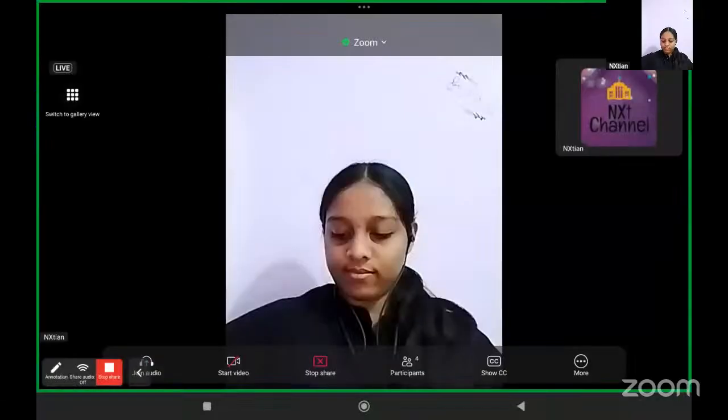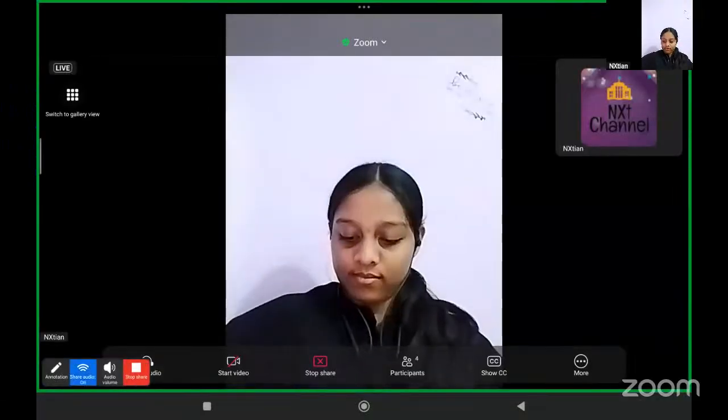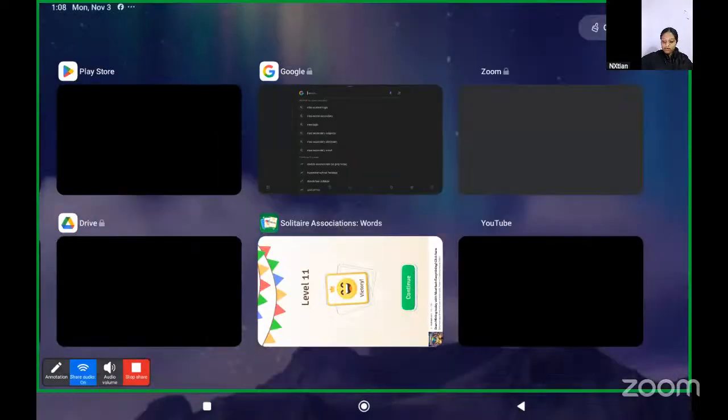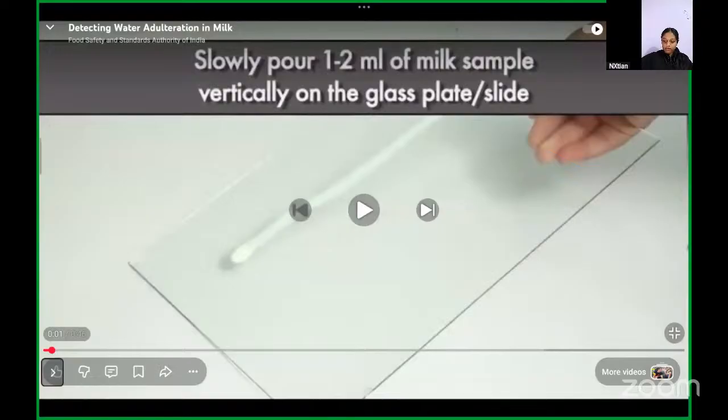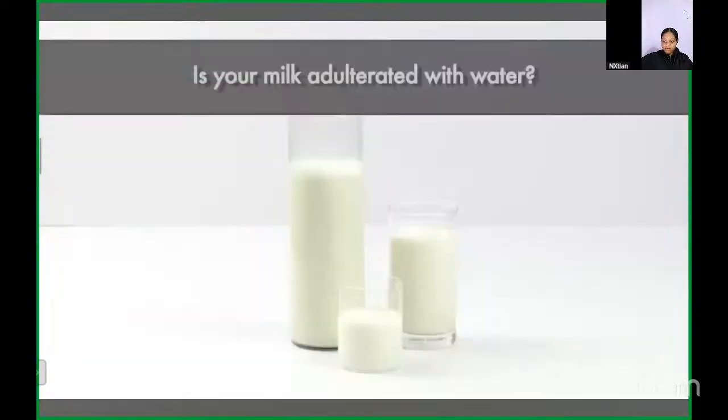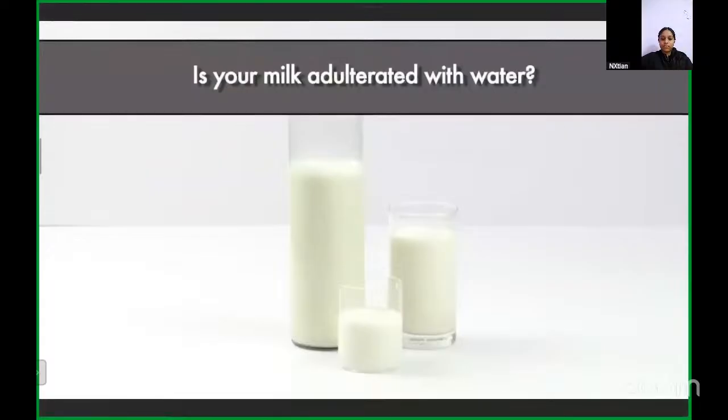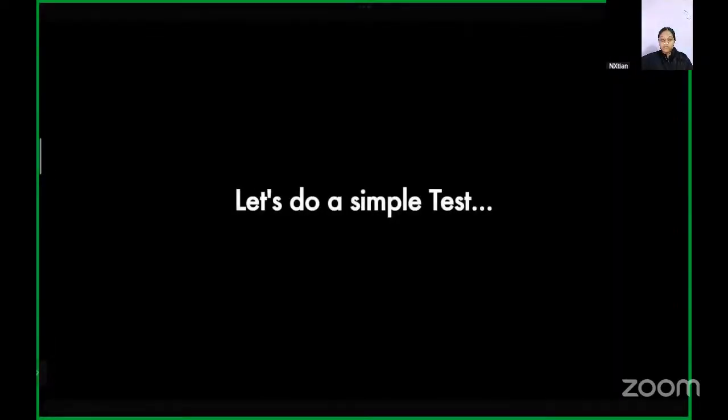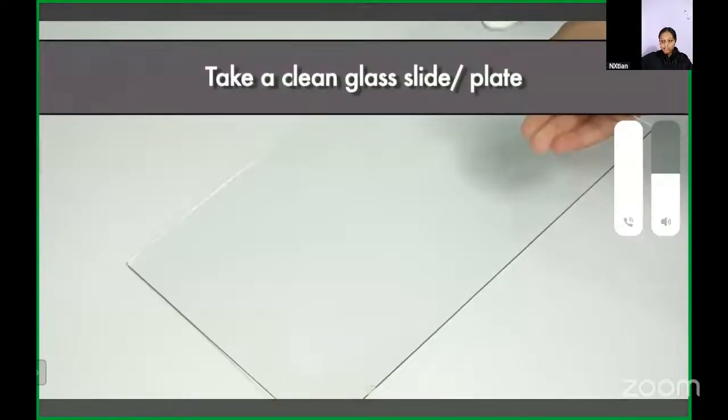Is your milk adulterated with water? Let's do a simple test. Take a clean glass slide or plate.